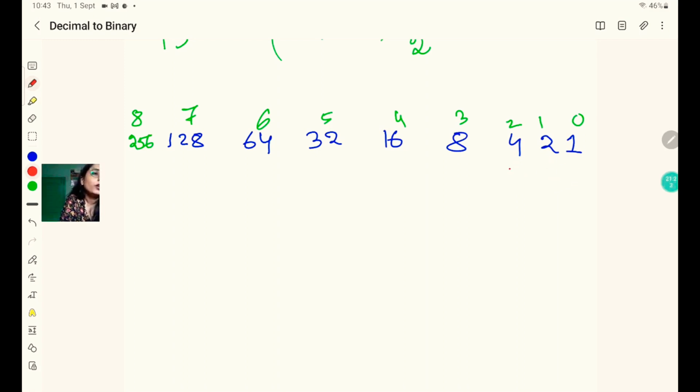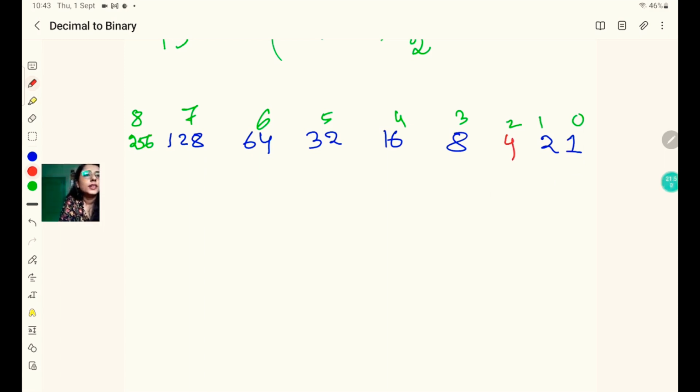Add 4 plus 2 plus 1, we get 7. Add 1 with 7, we get 8. One more. Add 4, 2, 1 plus 8, we get 15. Add 1 with 15, we get 16.